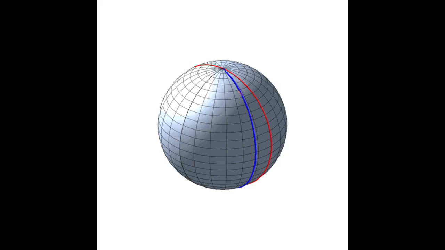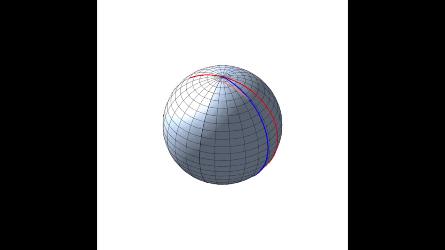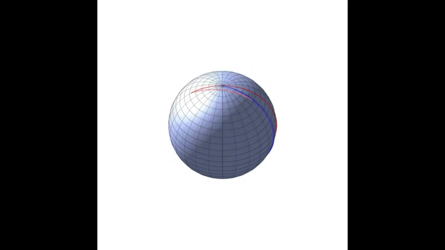But now we have an additional possibility, because we can go up the blue curve and then branch off at some point, cutting off the corner. This provides a strictly shorter curve from the South Pole to our endpoint. So a geodesic isn't always the minimal length curve between its endpoints.